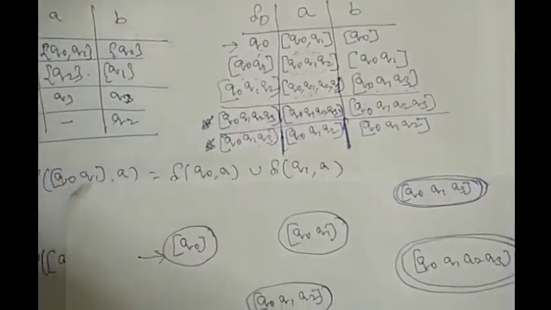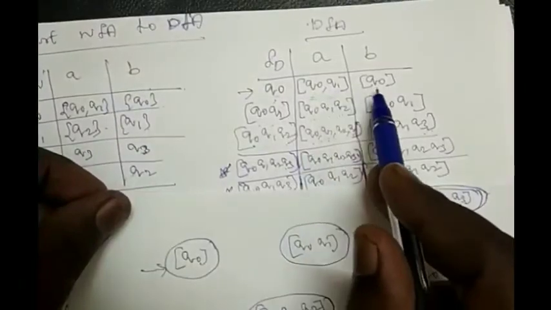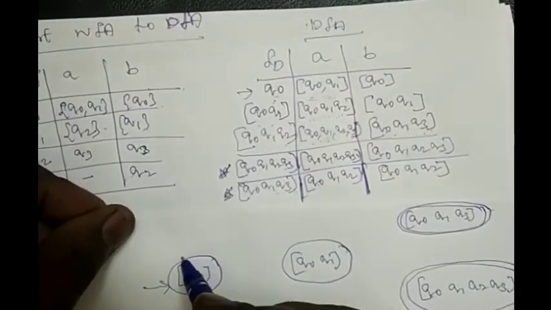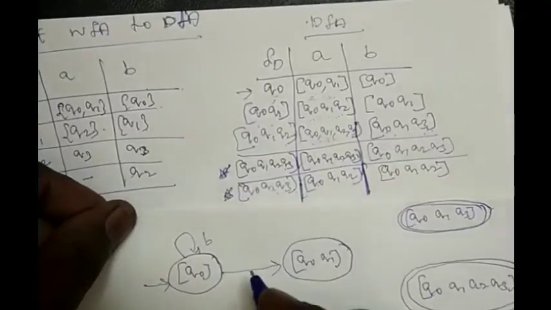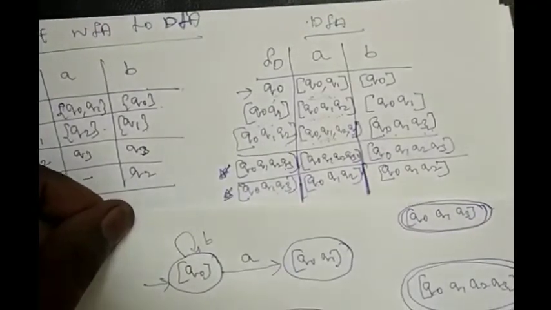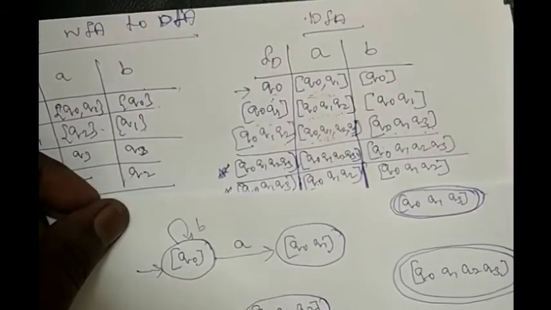When I apply A, you just see the transition table for the DFA. So from Q0, when I apply A, it goes to Q0, Q1. When I apply B, it goes to Q0 itself. Just take the table and draw the respective diagram.